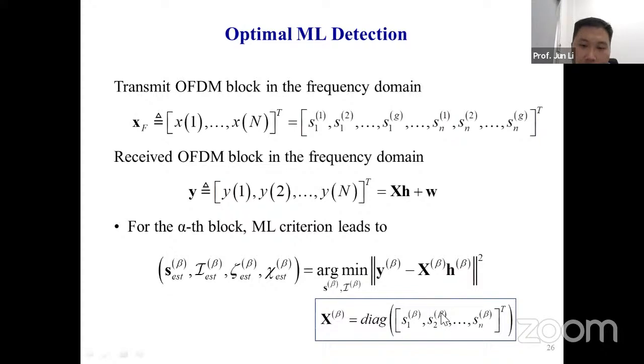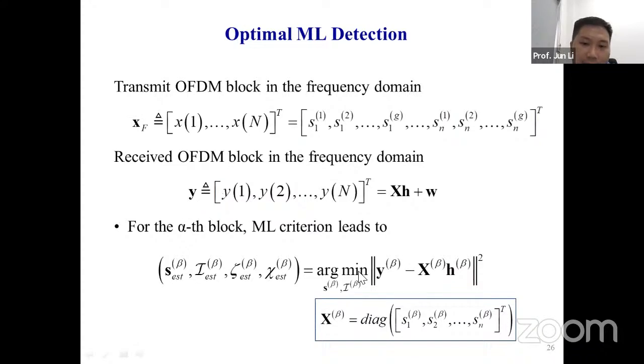The second symbol multiplies the second channel coefficient, and the last symbol multiplies the last channel coefficient. So that is why we should write like this: the matrix is multiplied by the channel vector, right? And this is the difference between the Ofdm system and the Mimo system.